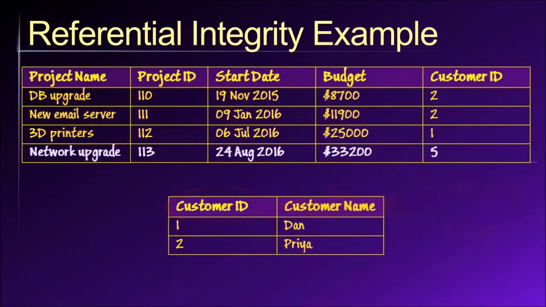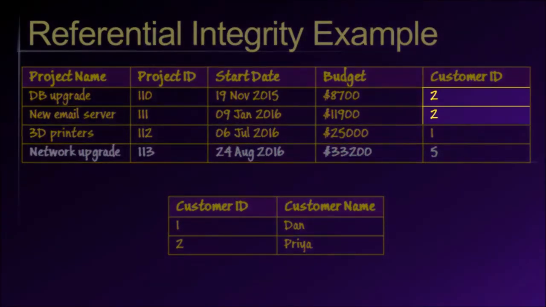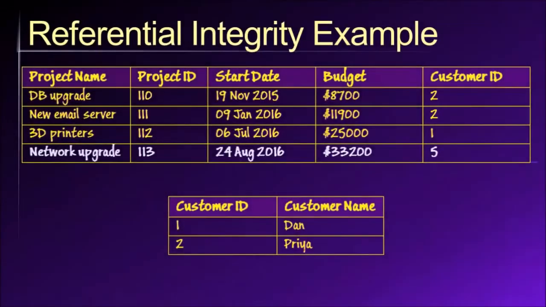Also note that in the project table at the top, more than one row can have the same customer ID. In this case, we have 2 rows which have customer ID number 2. This simply means that these 2 projects, DB upgrade and new email server, are both associated with our second customer, whose name in this case is Priya.